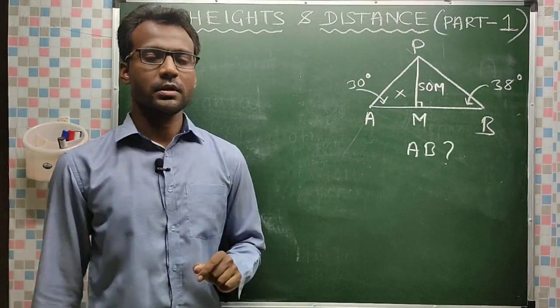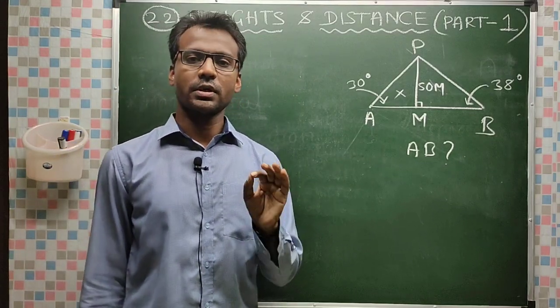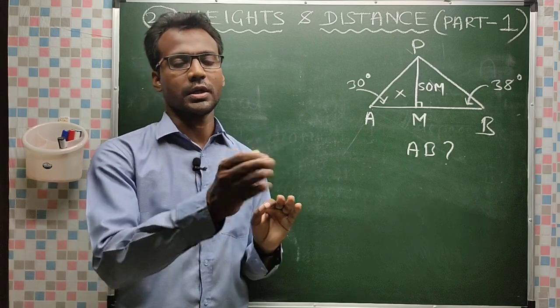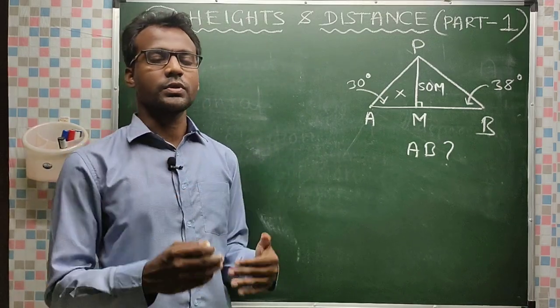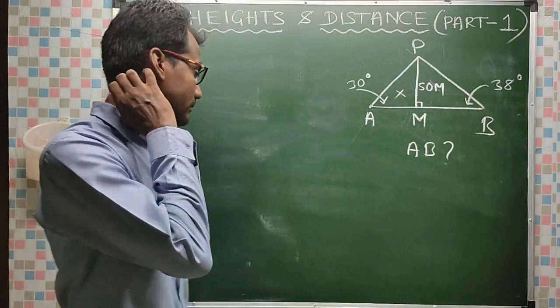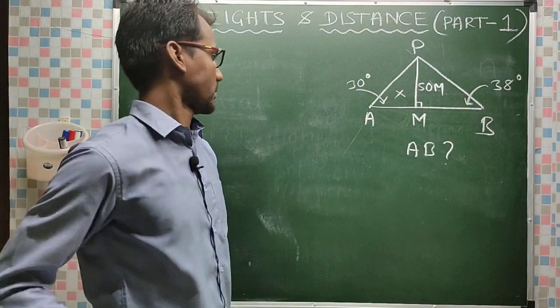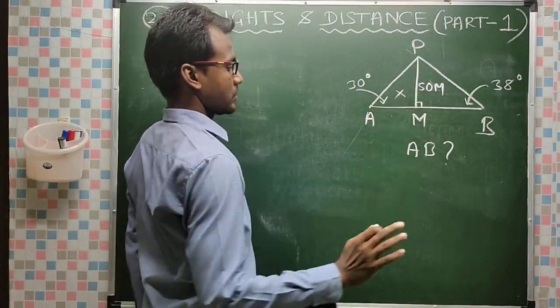In this chapter, most of the time you will be using tan theta. Only tangent, no other trigonometric ratio. There are 6 trigonometric ratios. Out of the 6, you will mostly use tan theta or cot theta. The remaining you may use rarely. So for the angle, perpendicular and base, you have to use tan theta.